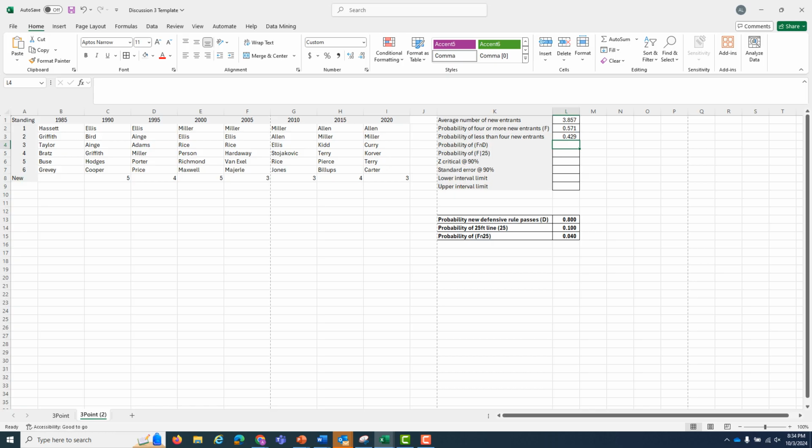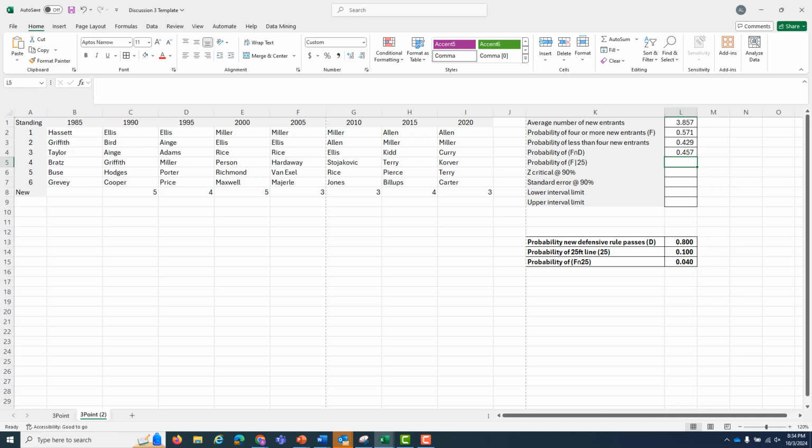So how do I find the probability of F and D? Since it's a joint probability, I just multiply them together. F times D. And I'll make this just a little bit bigger so we can see it. There we go. F times D gives us 0.457.